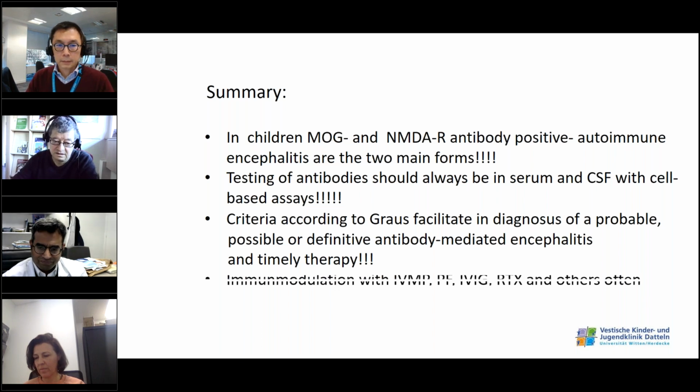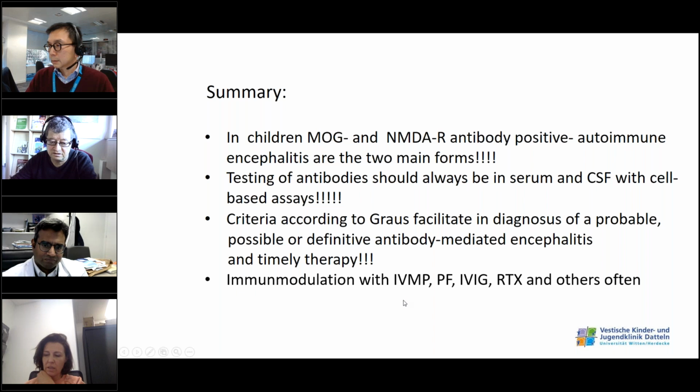And Ming will talk about the criteria according to Gauss, which I believe probably also the criteria by Cellucci, which I'm not so familiar with, are helping in the timely diagnosis and therapy.